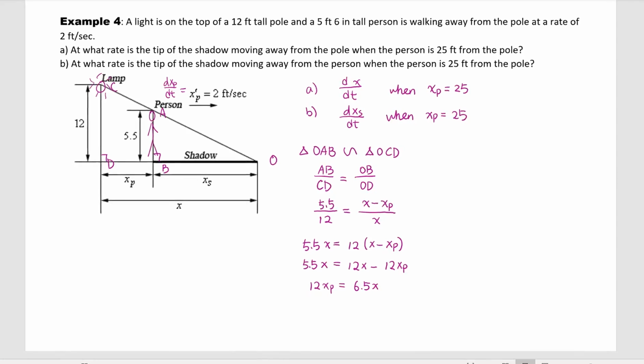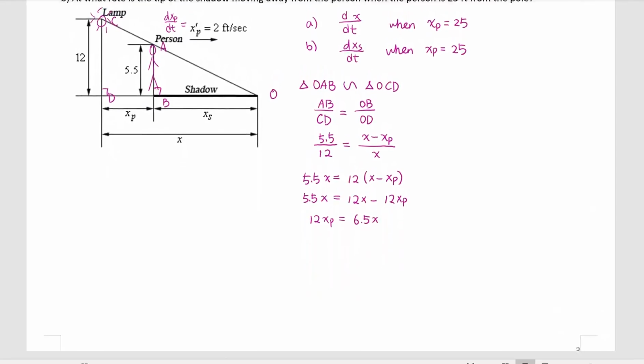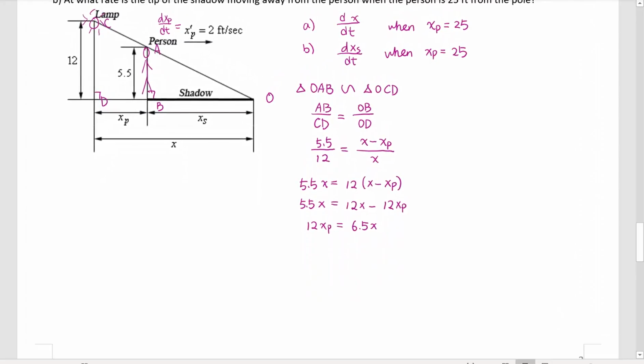Okay, what's next? We're ready to differentiate, right? Implicit differentiation. Take the derivative with respect to t on both sides. And then we have 12 dxp/dt equals 6.5 dx/dt.